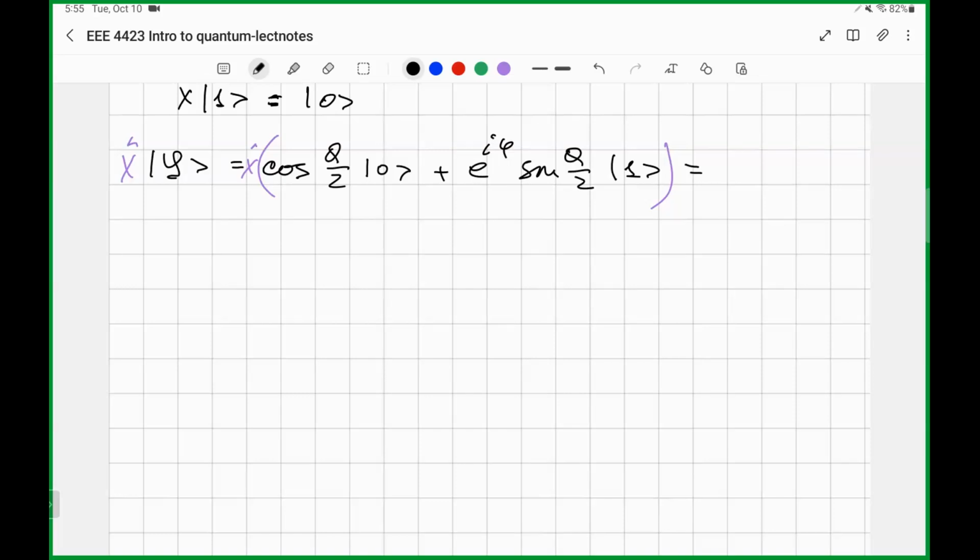So we take them out from this operation, and this X gate flips 0 to 1 and 1 to 0. Okay, so what I get as a result is cosine theta over 2 state 1 plus e to the power of i phi sine theta over 2 state 0.